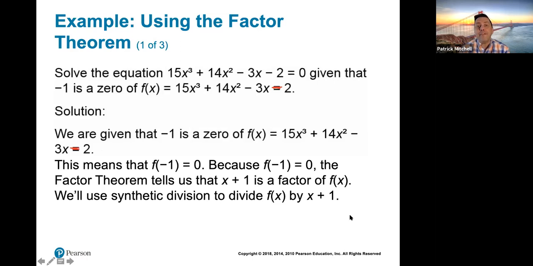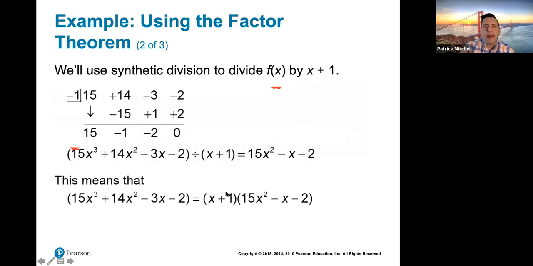Which means that f of -1 is 0. Because f of -1 is 0, the factor theorem tells us that x plus 1 has to be a factor of f of x. So we're going to use synthetic division to divide f of x by x plus 1. And that looks like this. Remember, x plus 1 is represented by a -1.